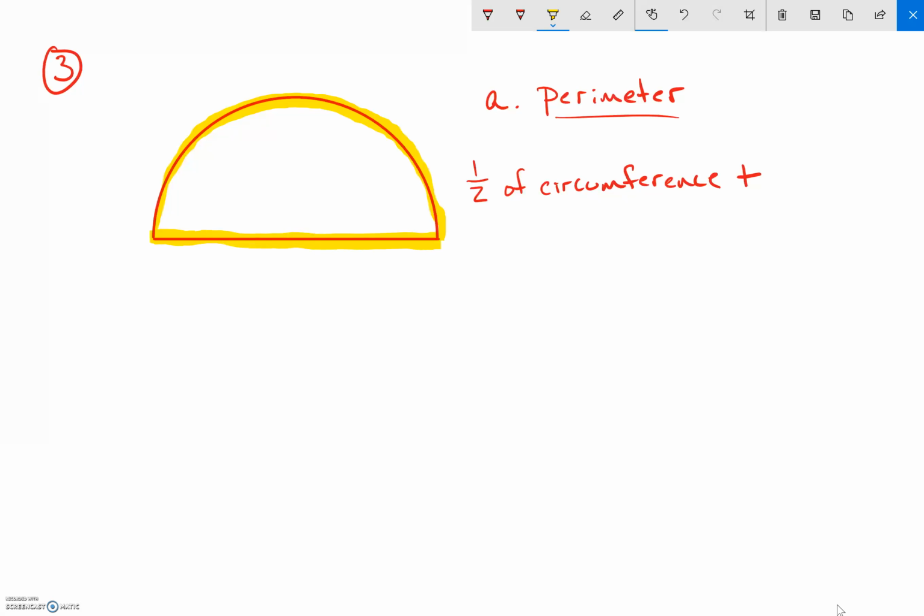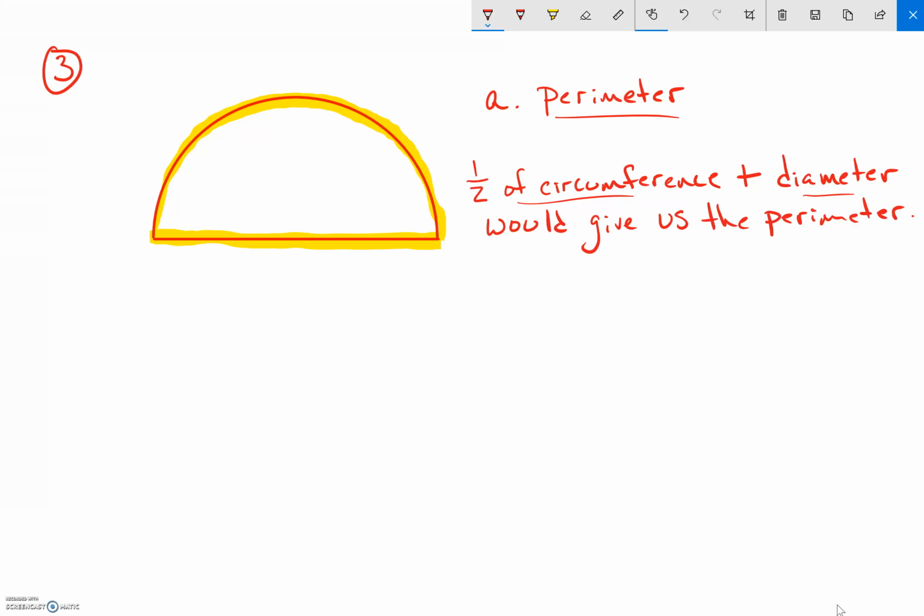Well, what is this? It's the diameter. So if we did half of the circumference plus the diameter, that would give us the perimeter. Half the circumference plus the diameter.